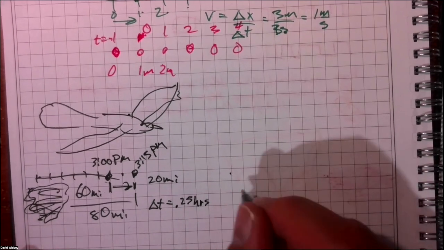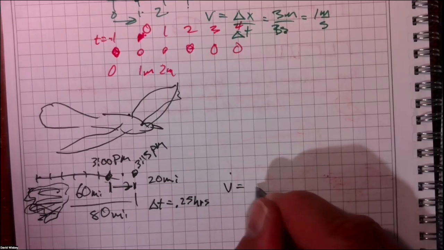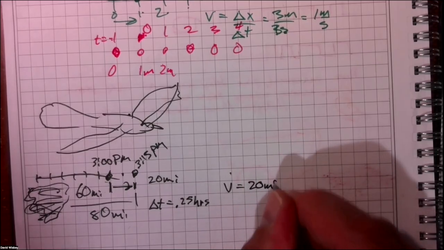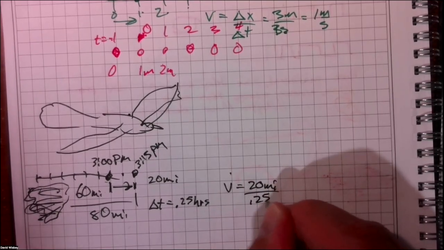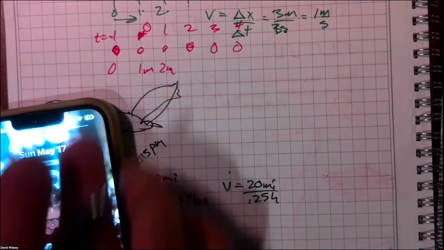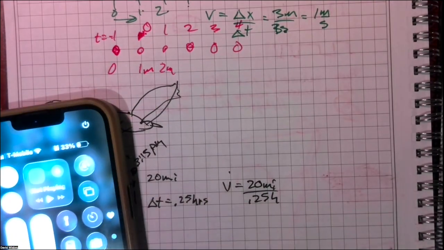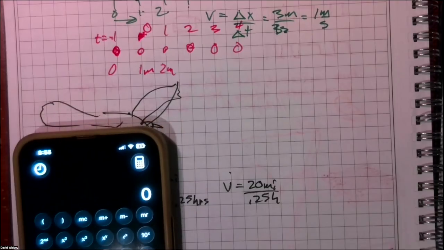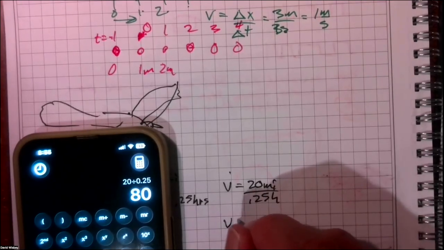Okay, so then, what is his velocity? It's 20 miles divided by 0.25 hours. I think this is the easiest way to do this problem. So I'm going to plug this in: 20 divided by 0.25. That gives me, oh man, this thing is trucking.